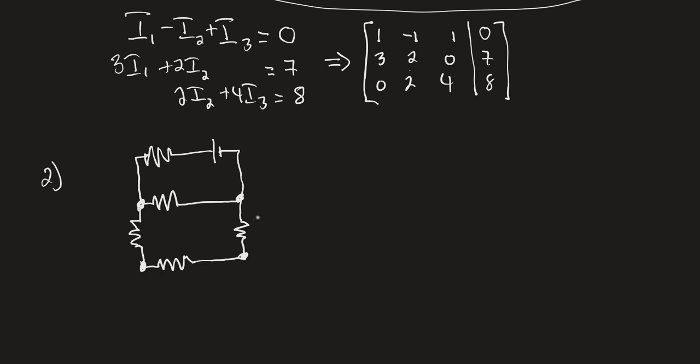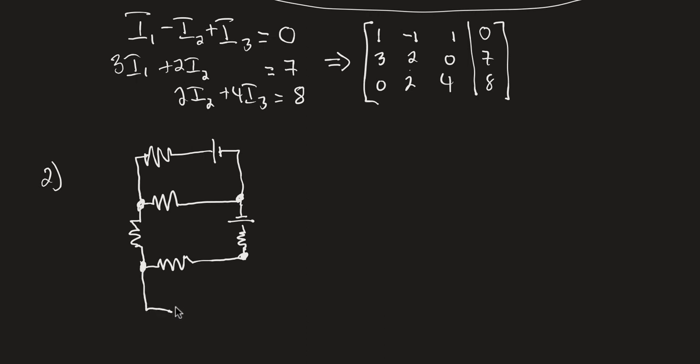Oh, and I forgot there is a battery on this side too. So we have a battery here, and then there, and then here is our resistor, a little small resistor, and then we have one more closed path.